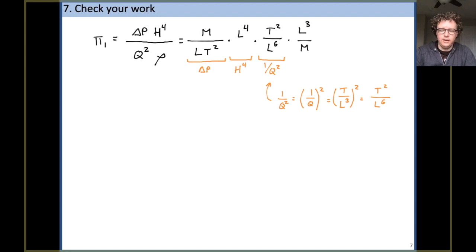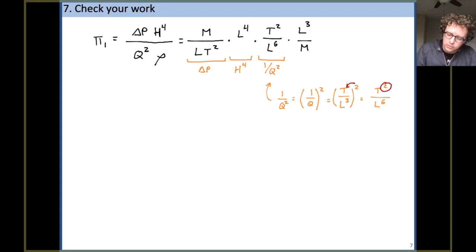You can see that I've written out in the second line how I thought about 1 over q squared. I thought about it as 1 over q quantity squared, or the dimensions on q, which is length cubed per time. So 1 over q is time per length cubed, squared. Then you can distribute that 2 back inside of the parentheses.